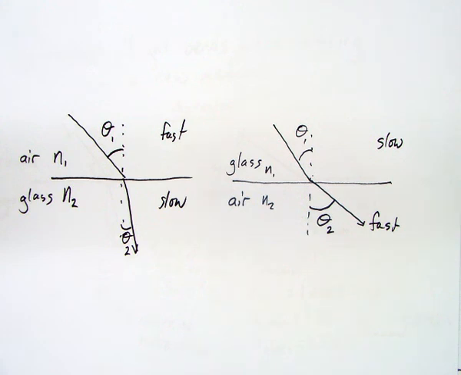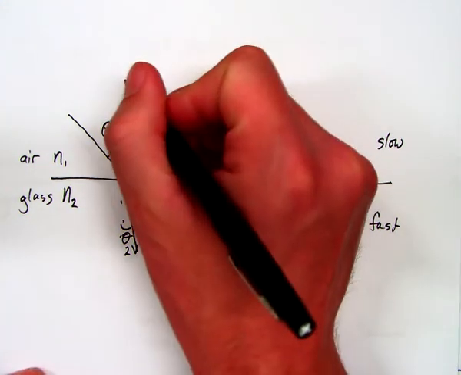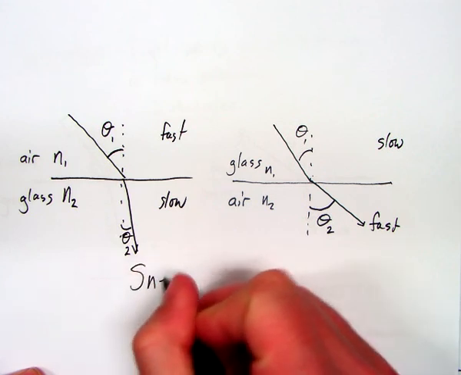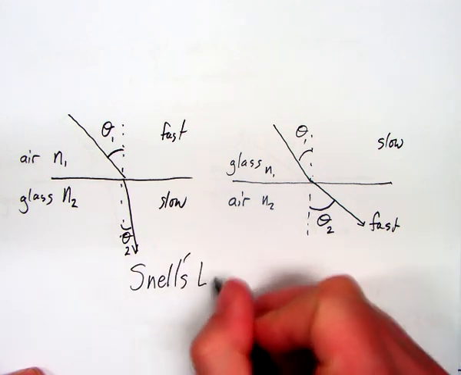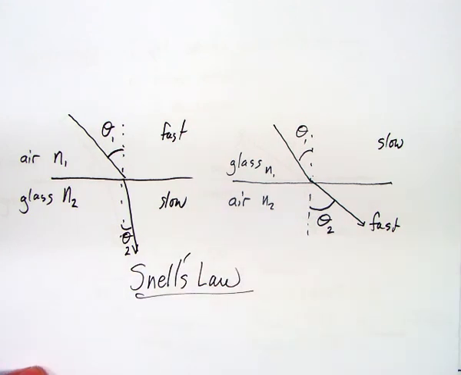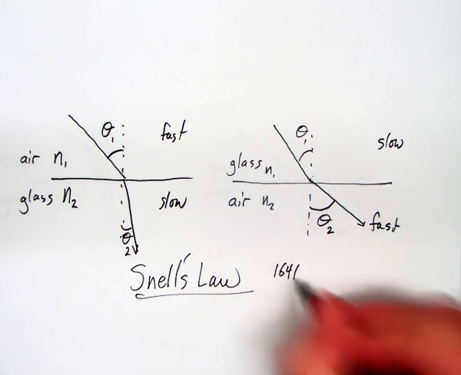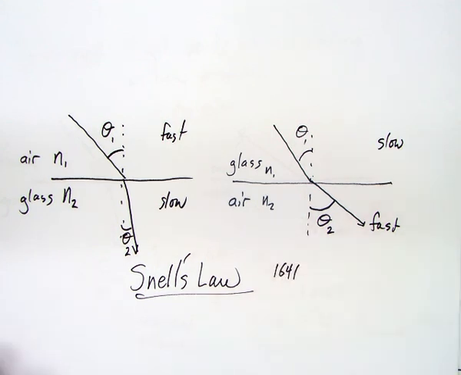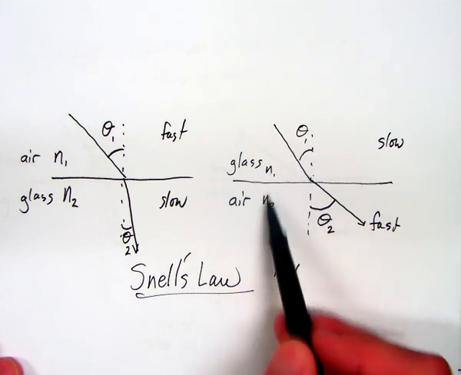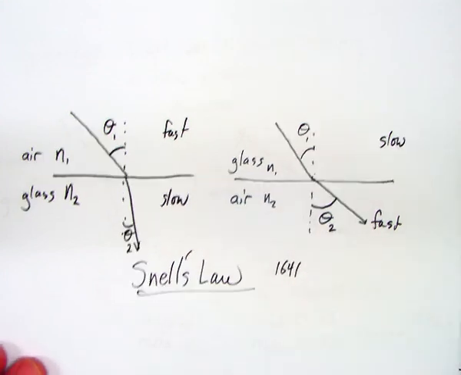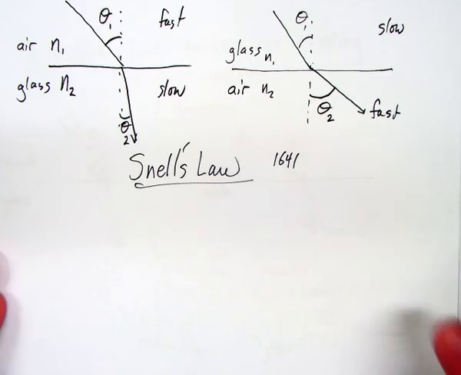Snell's law is named after Willibrord Snellius. And I've read that some others actually discovered this before Snell, but in 1641, Willibrord Snellius quantified the relationship between these indices and these angles, and this is it.